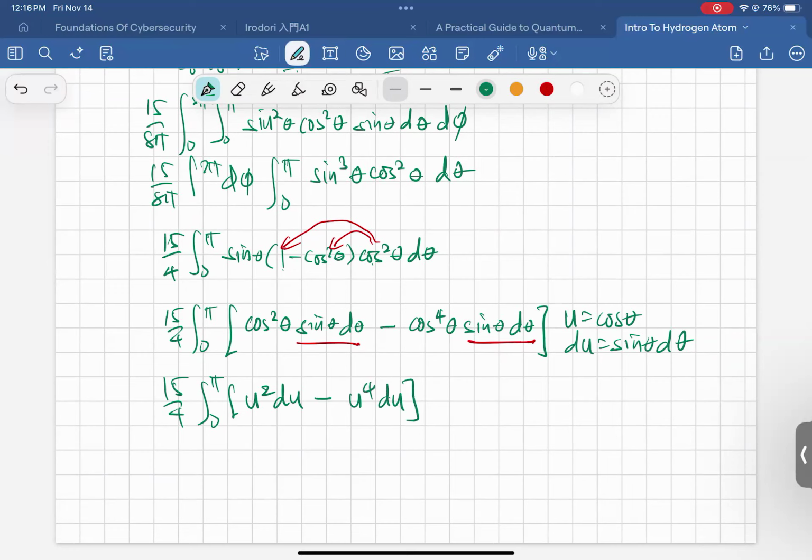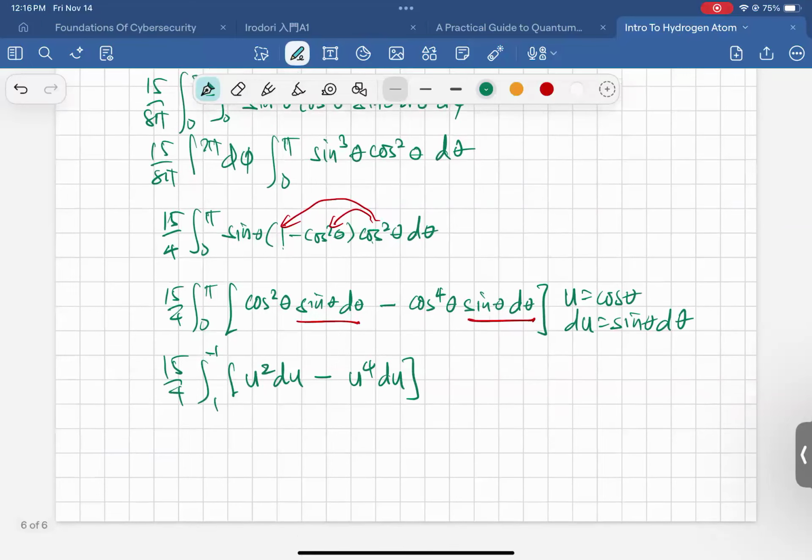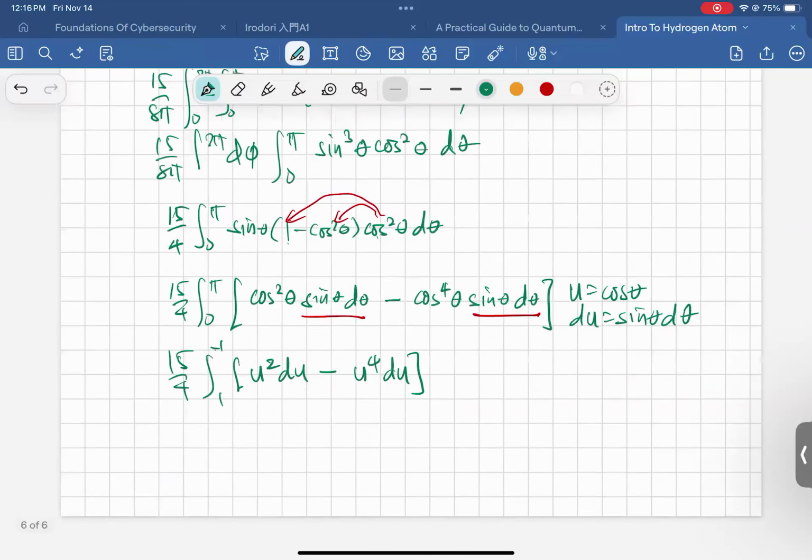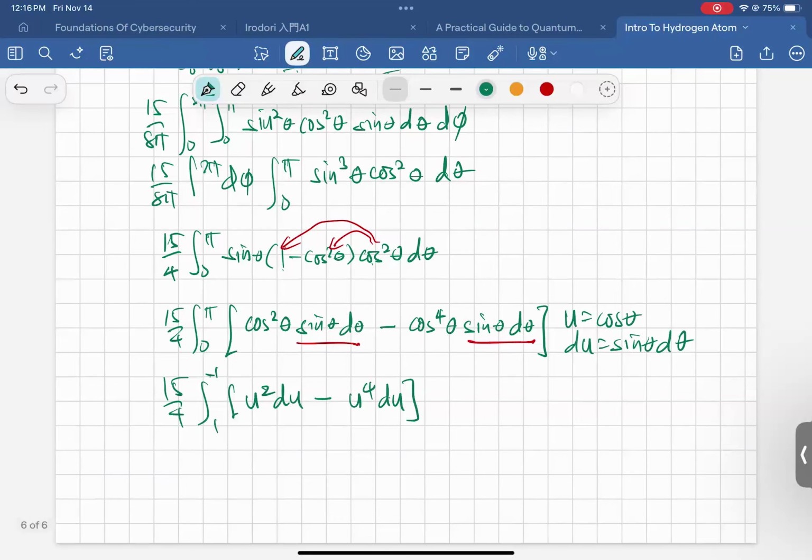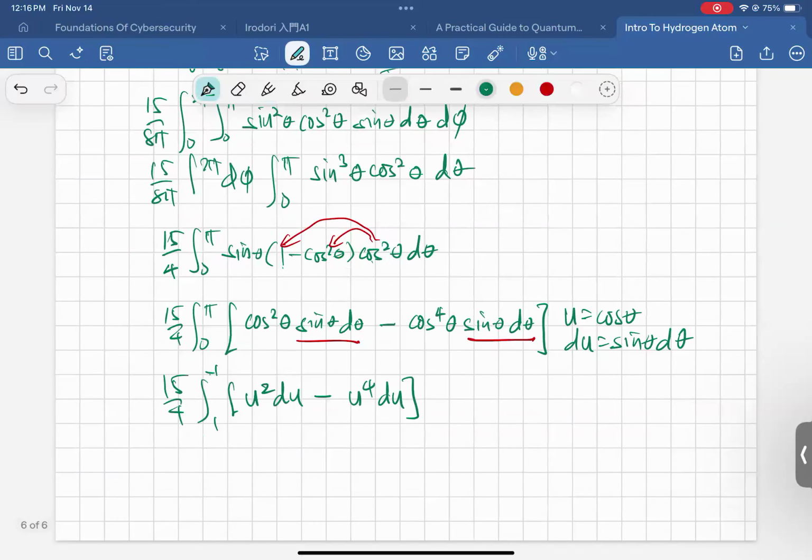Ang limits of integration ay from 0 to negative 1, pero hindi na nagmamatter yan at this point kasi babalik din naman natin siya. From 1 to negative 1 pala, kasi babalik din naman natin siya sa sine theta. So this will become, in terms of theta, ibig sabihin, 15 over 4, u cubed over 3 minus u to the 5th over 5, evaluated from 1 to negative 1.